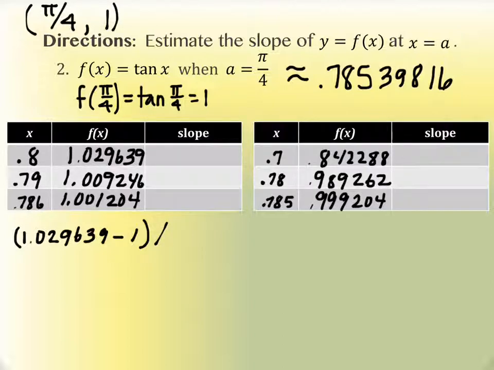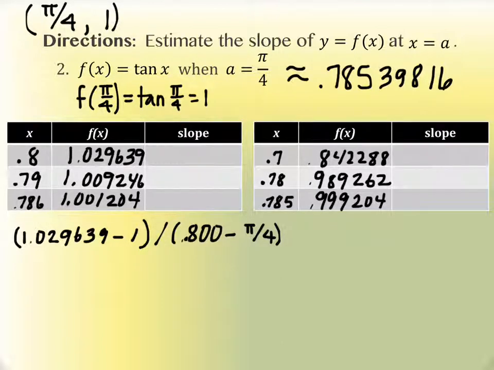Then we divide that by the x value, 0.8 minus pi over 4. I'm going to put in pi over 4 and not write in the approximation, because I want it as precise as I can. So in my calculator, I've got 1.029639 minus 1, divided by 0.8 minus pi over 4.